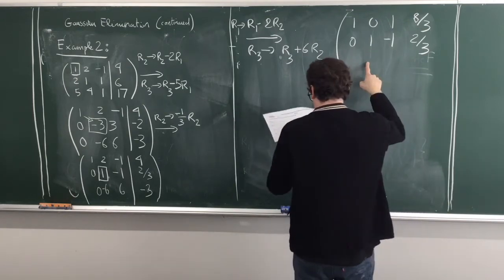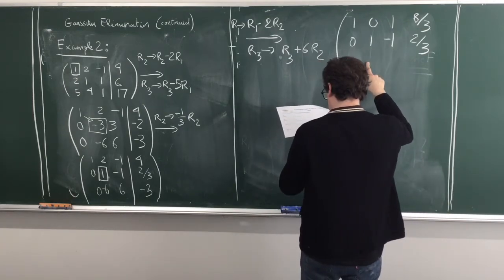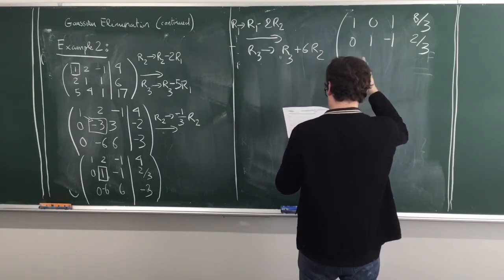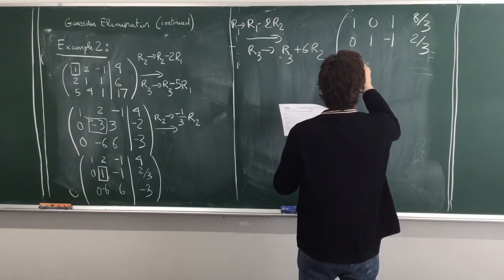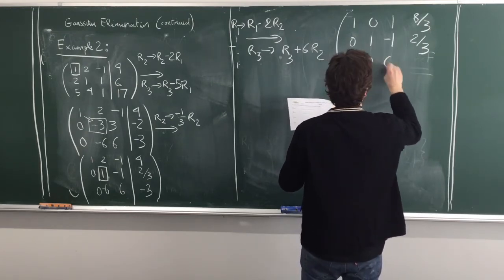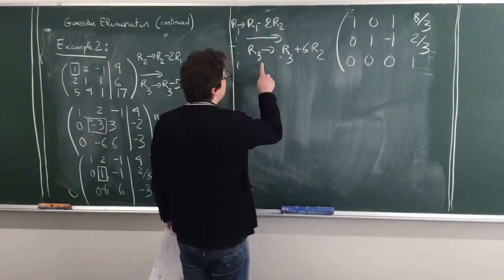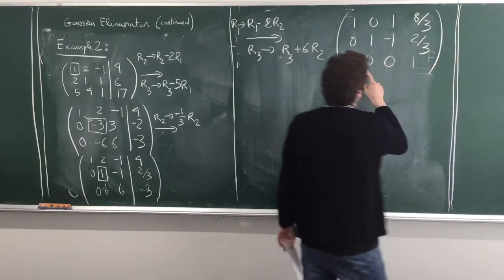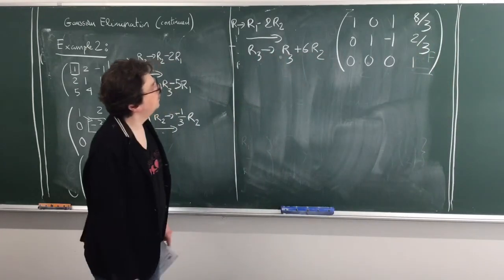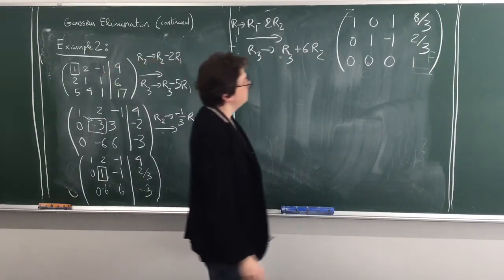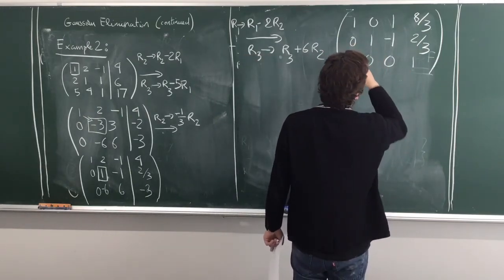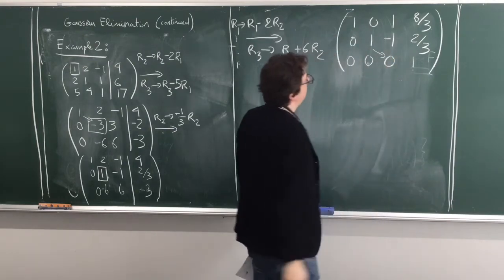Yes, that's correct. And then finally we will get 0, 0, 0, and 1. So transforming row 3 by row 3 plus 6 row 2, we get this very nice last row, 0, 0, 0, 1.